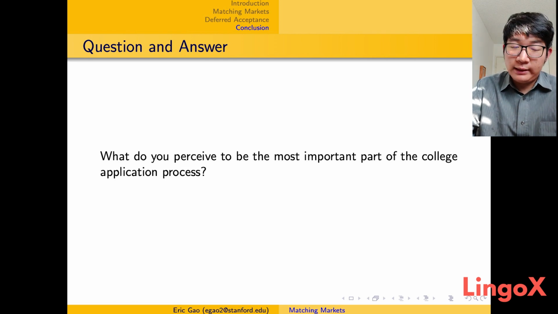I think the most important part is to find a college that's good for you, right? So when I decided to apply to Stanford, it's not because of any sort of rankings or any sort of endowment or anything like that. It's just that Stanford has Paul Milgrom. Stanford has the best professors for mechanism design, and that's the only reason why I really wanted to go to Stanford. And it's much better to pursue a passion than to pursue a particular college.